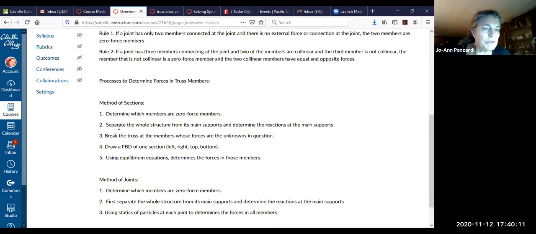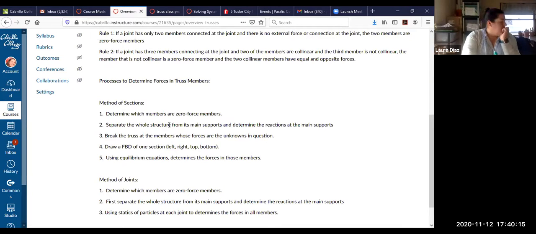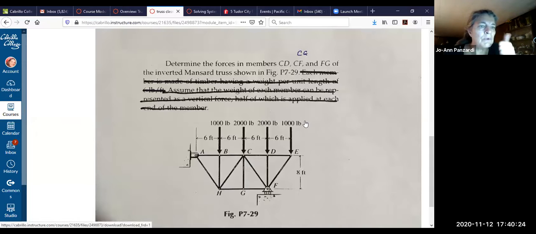No, rule number 2. Oh, okay. Separate the whole structure from its main supports and determine the reactions at the main supports. Okay, so number one was finding zero force members. We did. CG was equal to 0, looking at joint G.